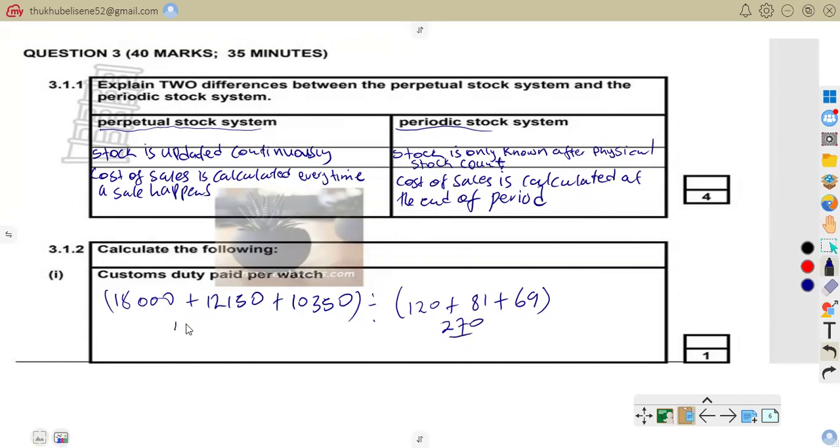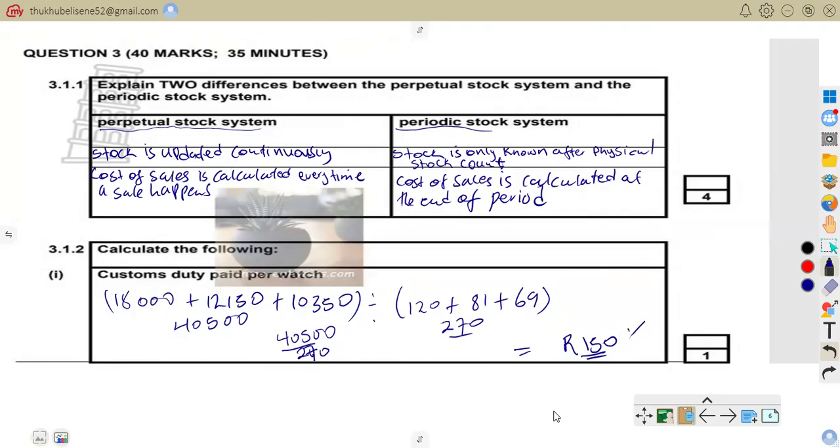While this one, they will give us 40,500. So what you're going to do is to say 40,500 divided by 270, and our answer will be 150. So that is that. So hope we are together with people. That is a custom duty paid per watch.